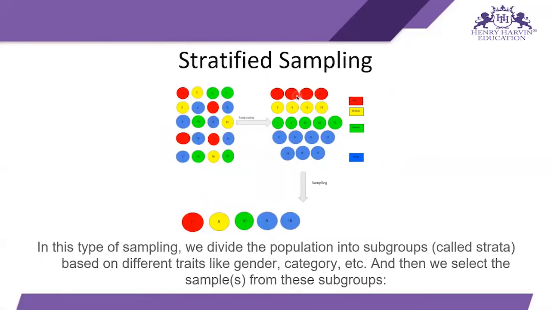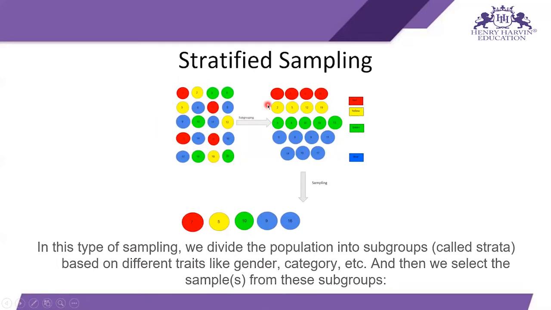Next comes stratified sampling. In this type of sampling, we divide the population into subgroups called strata based on different traits like gender, category, etc. And then we select the samples from these subgroups. Now I have this data set, and I have to collect the sample data set from these 20 points.